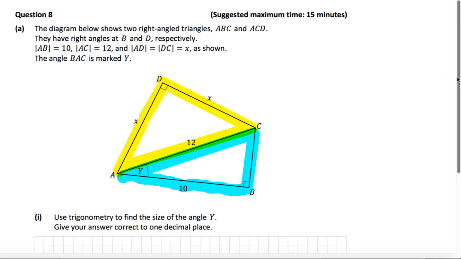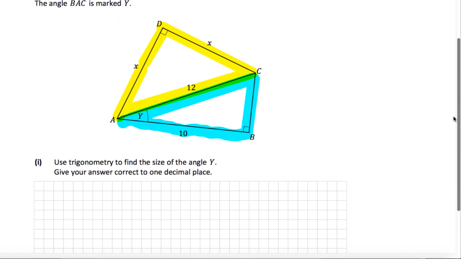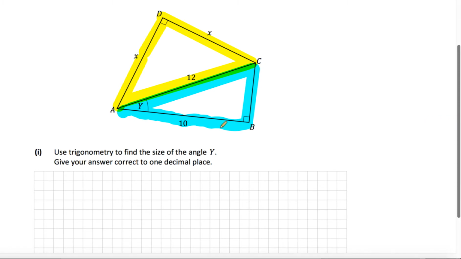Right, well, part 1, it said use trigonometry to find the size of the angle y. So we're looking for this angle here, angle y. Well, in the blue triangle here, you've got this angle y, it's a right angle triangle, and you've got this side which is adjacent to y, and this side here which is the hypotenuse of the triangle.